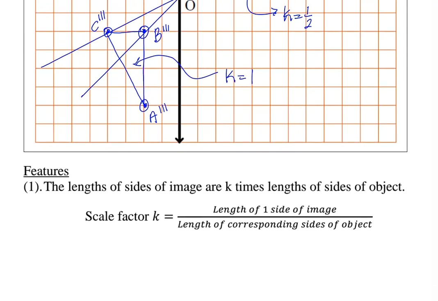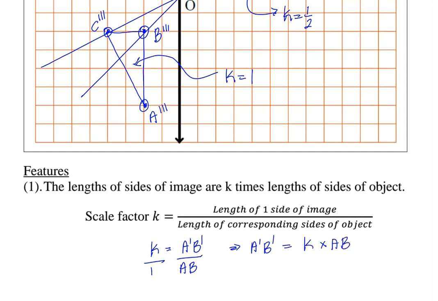In other words, I could say that K would be equal to, let's say, A prime B prime, which is the length of one side on the image, over, let us say, AB, which is the length of the corresponding side on the object. And if I have one fraction equal to one fraction, I can cross multiply. So I could say, therefore, A prime B prime is equal to K multiplied by AB.